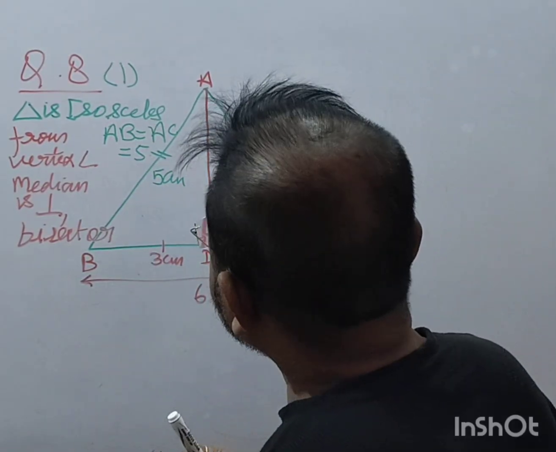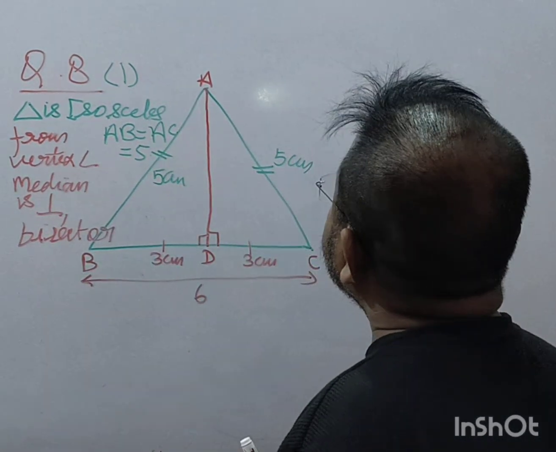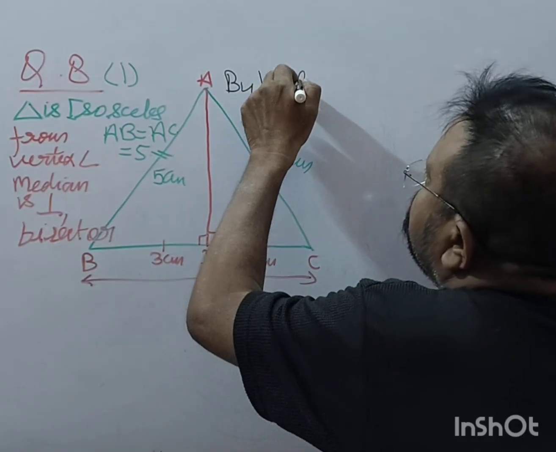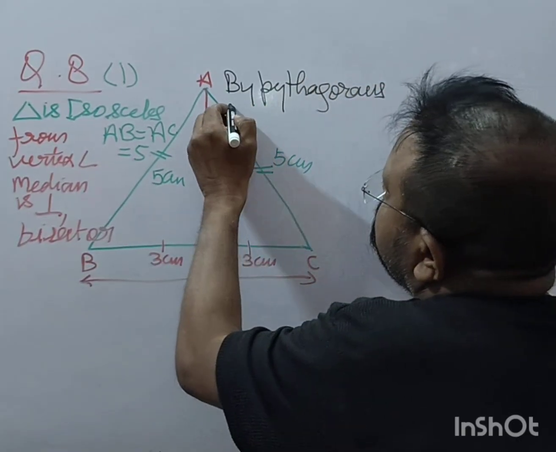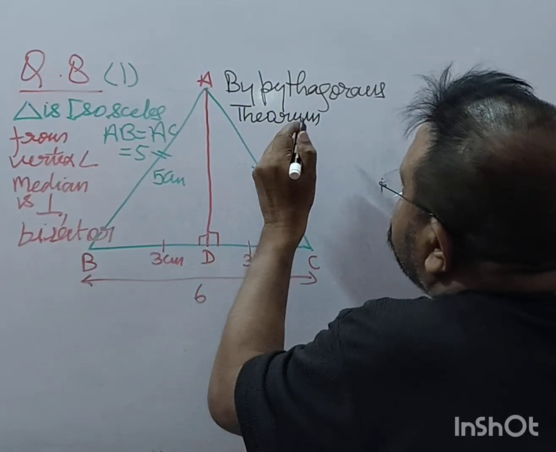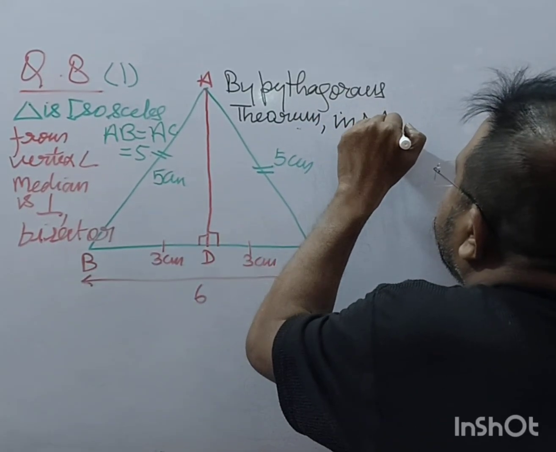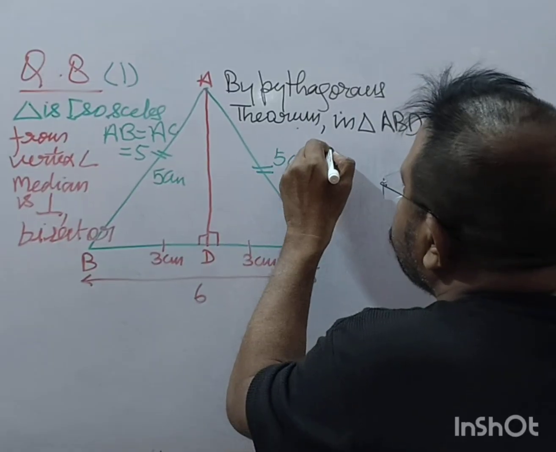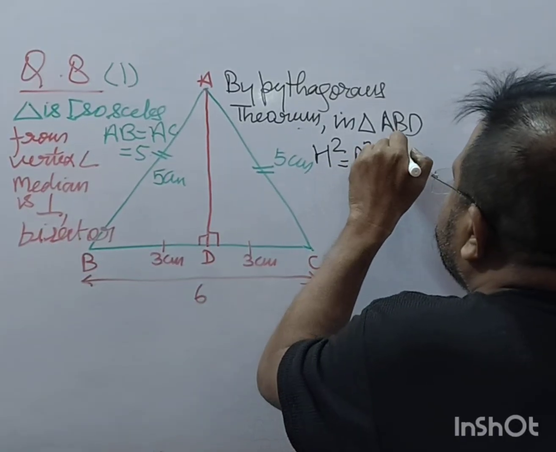So now what we can do, by Pythagoras theorem, in triangle ABD, hypotenuse square is equal to perpendicular square plus base square, right?